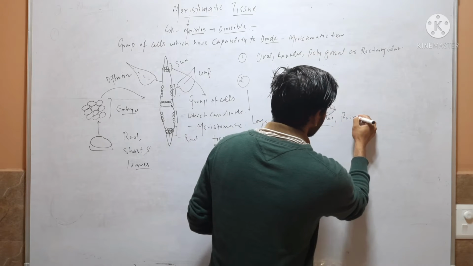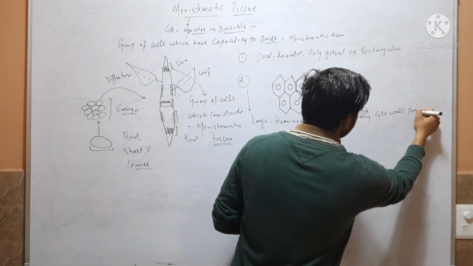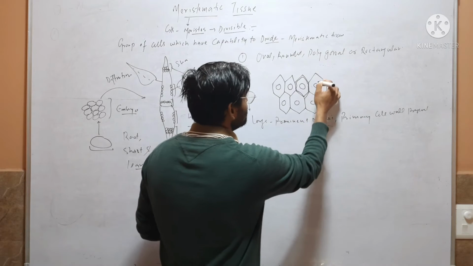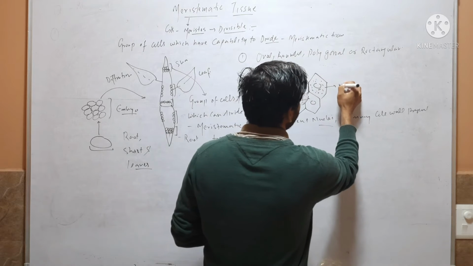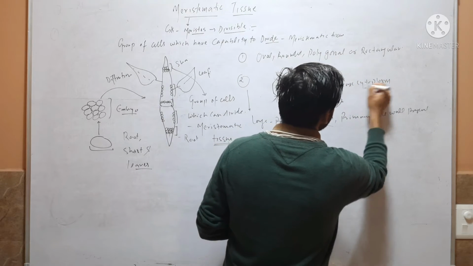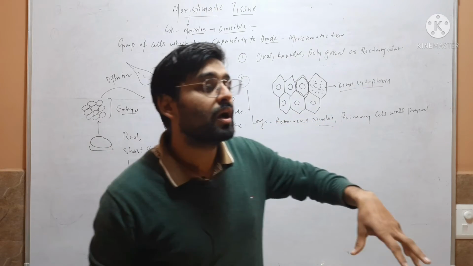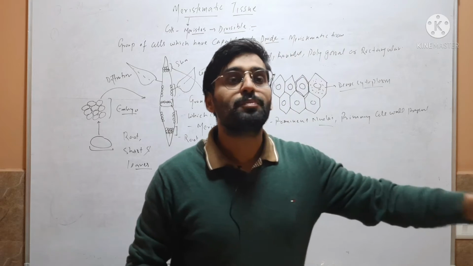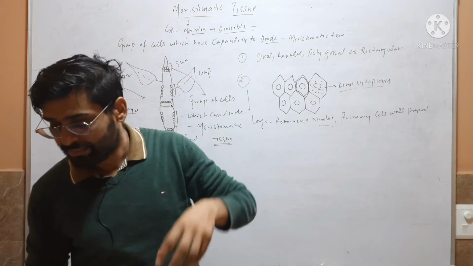So only the primary cell wall is present. These cells have dense cytoplasm. Cytoplasm is dense because its genetic material is very active. It is producing numerous proteins and RNAs, so its protoplasm or cytoplasm becomes dense.